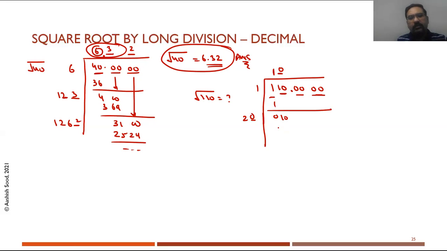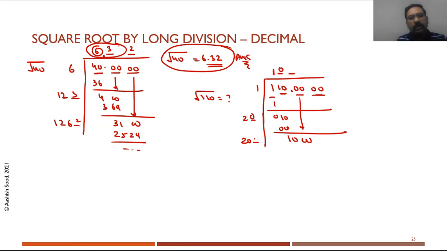So the only possibility is 0, 10, and then 2 zeros, 1000. Double of 10 is 20 and dash. So 20.